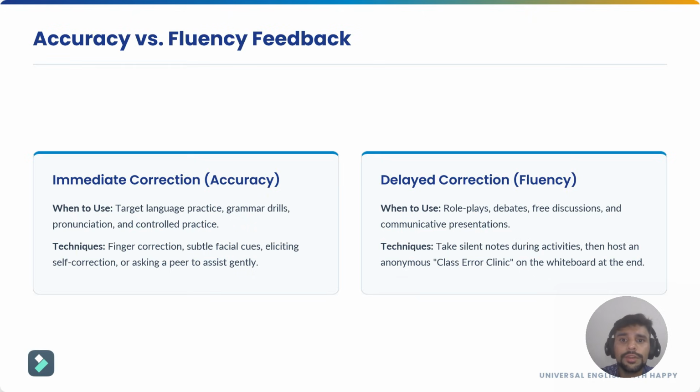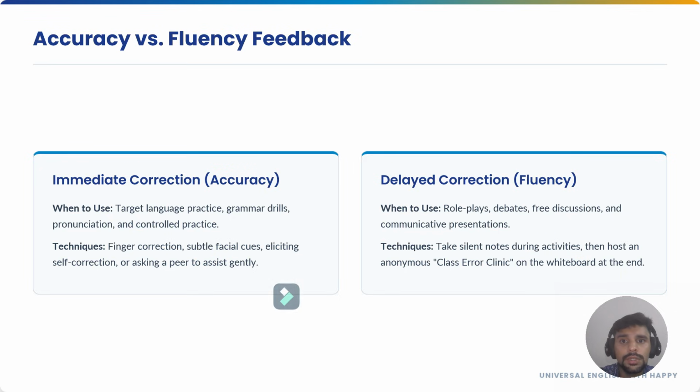Here, we are going to address one of the biggest mistakes teachers make: correcting fluency activities as if they were accuracy drills. Look at the left column, immediate correction for accuracy. Now, when to use it? Use immediate correction during explicit grammar practice, pronunciation drills, and controlled sentence formation where precision is the primary goal.